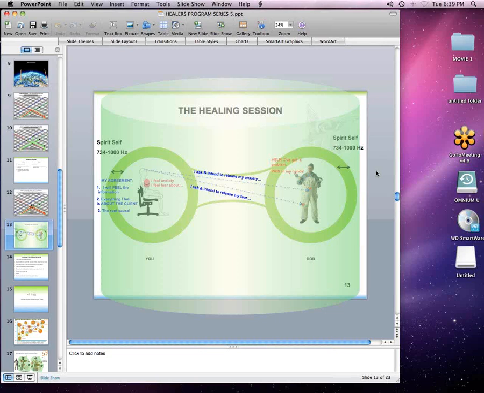Now, having said that, please don't misunderstand what I'm saying. The fact that you're using your body doesn't mean you're taking anything on. You're not taking Bob's energy or problems. There are some teachings out there, or people who believe that you take on the person's problem, so that's how they get relieved.